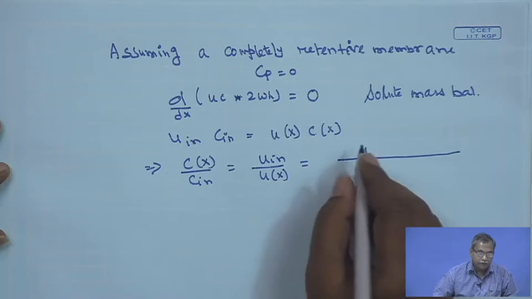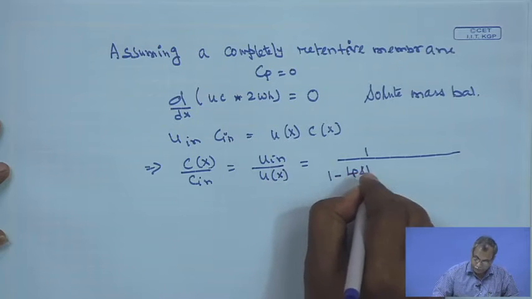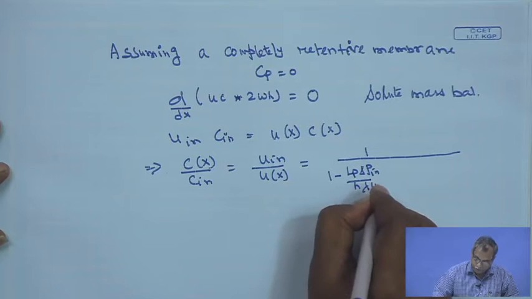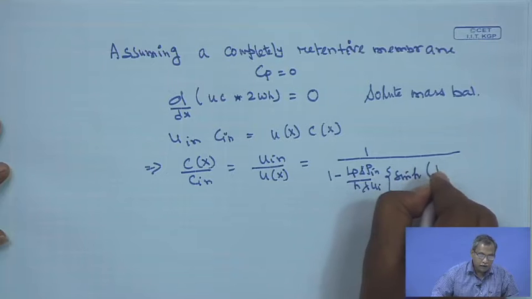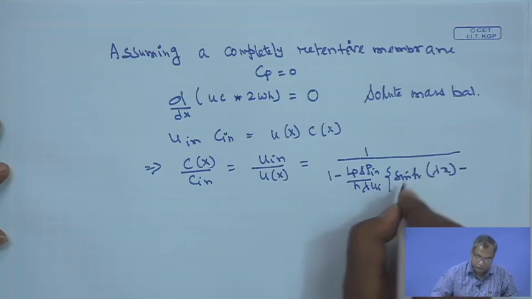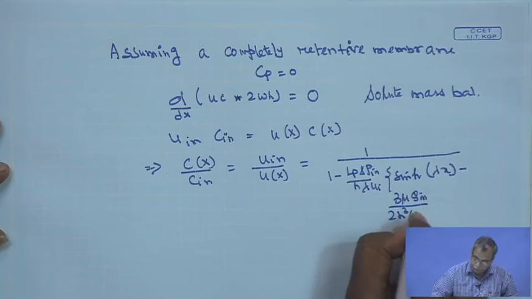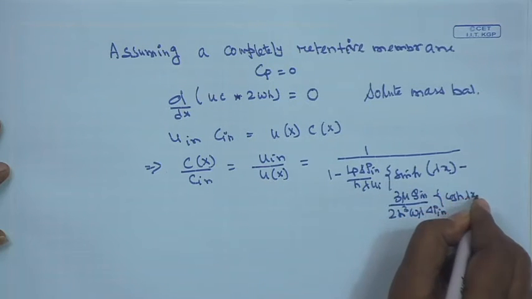So, we will be getting the profile of that: 1 minus L p del p in divided by h lambda u in sin hyperbolic lambda x minus 3 mu q in divided by 2 h cube w lambda delta p in cos hyperbolic lambda x minus 1.